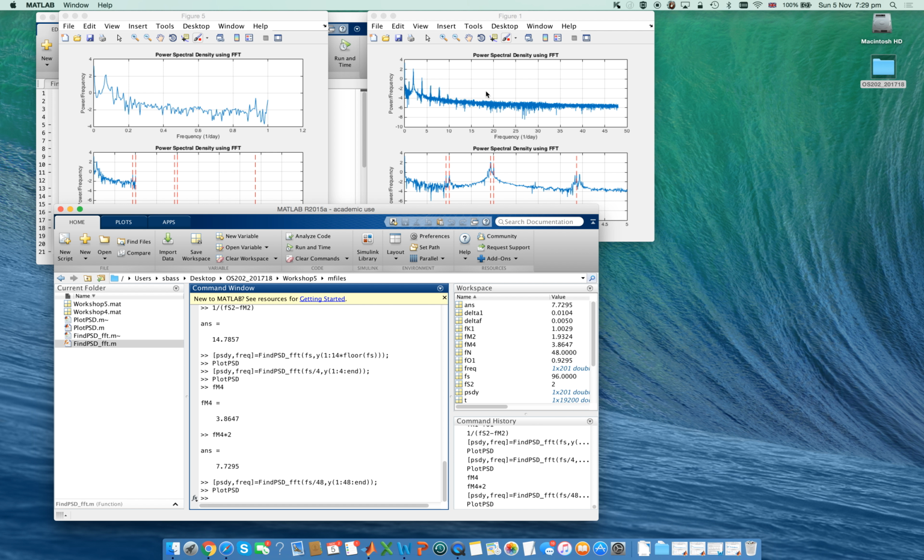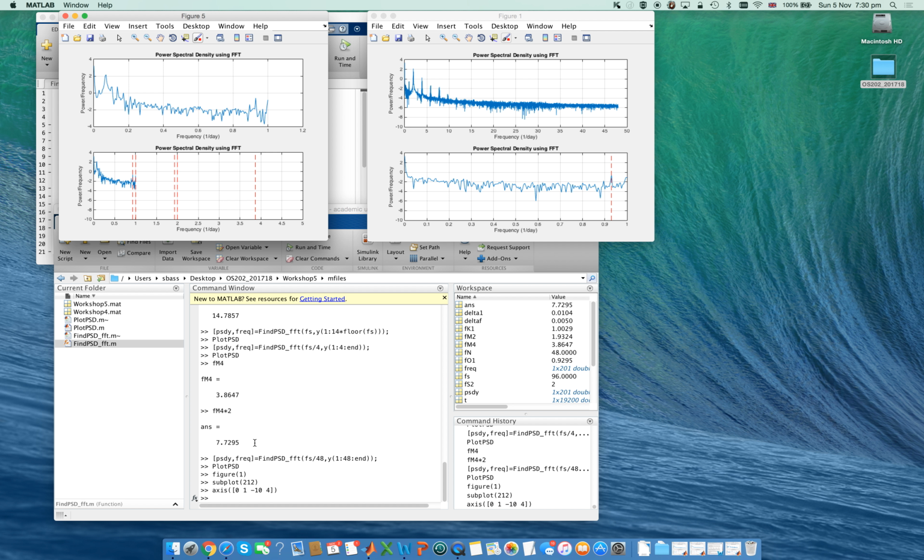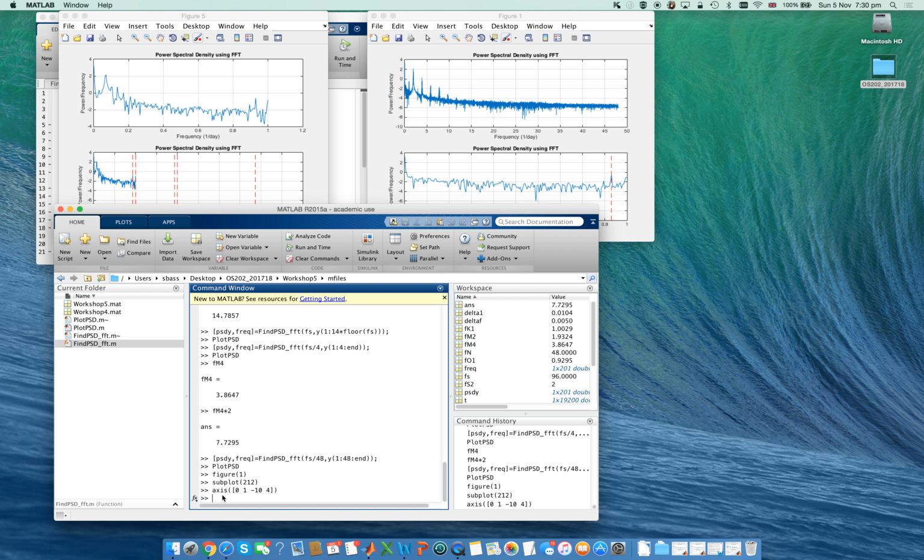There we go, it's picking up one of the diurnal tidal components here. I think it's O1. Then in figure 5, subplot 212, I want to change the axes limits so they're the same.